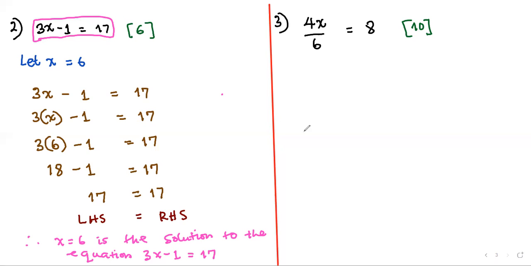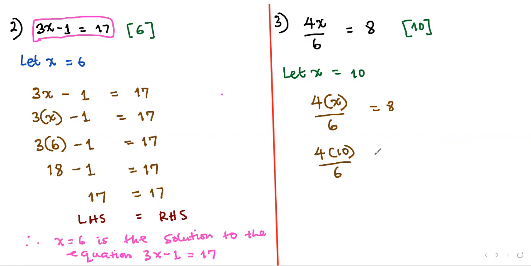Let's find out. Let x be 10. Okay, now x is 10. If I have 4x, it means I have 4 times x, divided by 6 is equal to 8. Now, x is 10, so I have 4 times 10 divided by 6 is equal to 8.